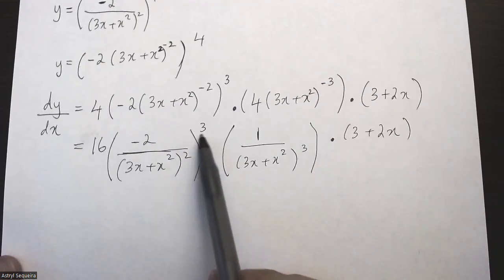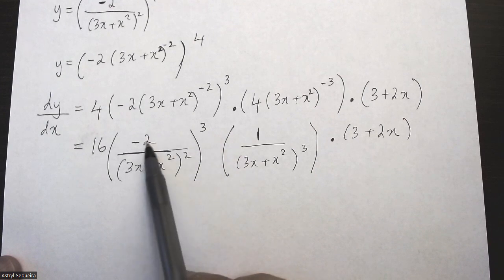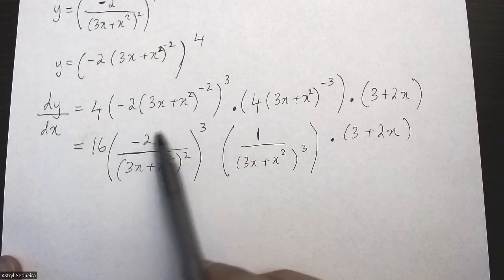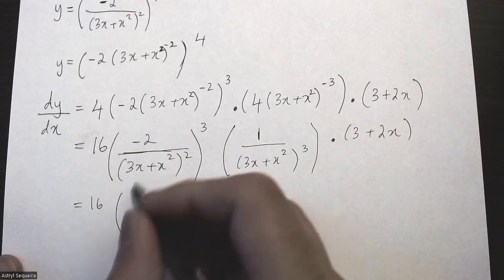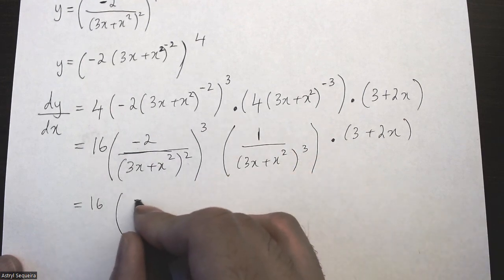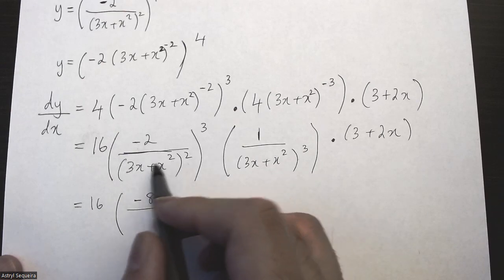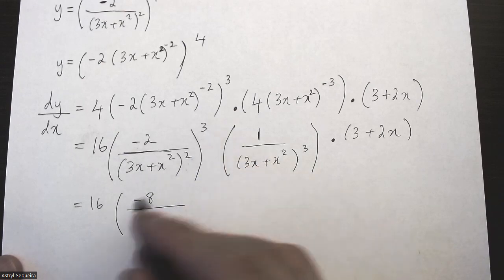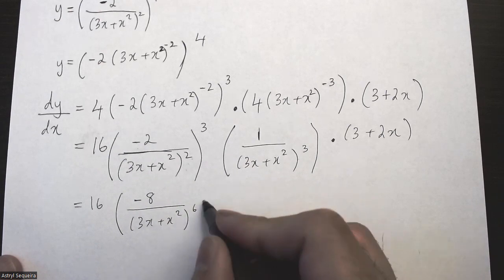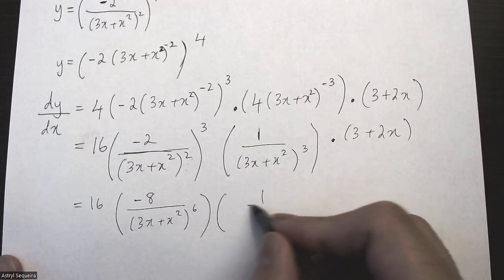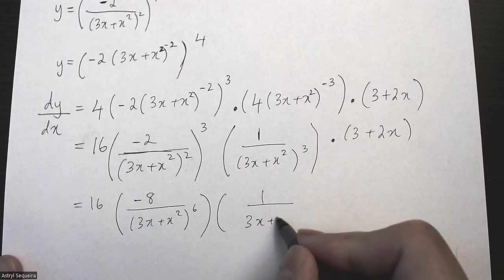Now this can be simplified a bit further. I can distribute this cube into this bracket, and it's a bit important to do that. We're going to have 16. -2 cubed is -8. And then over here, I just have to multiply these two exponents, so that's 3x plus x squared to the power of 6. And these two brackets don't change at all.